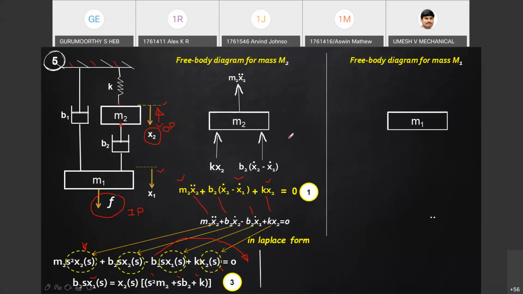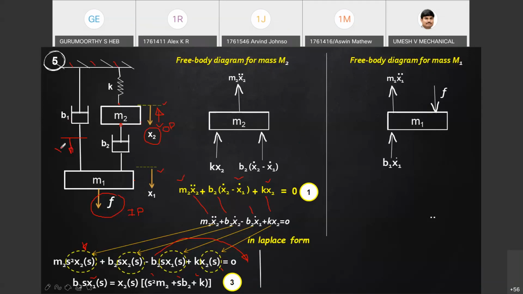Okay, so 4, Aishwarya. So inertia force in the up direction, applied force in the downward direction, M1 x1 double dot. The other force is because of B1 and B2, where B1 only has x1.